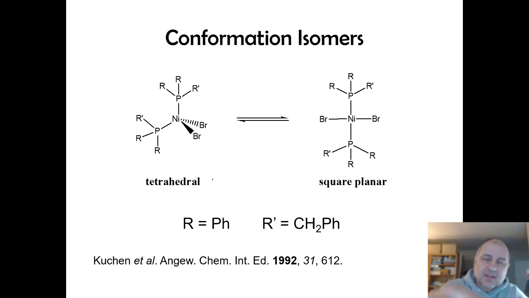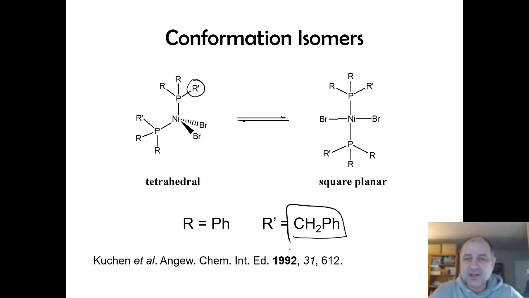And then he just messed with the bulk of one of these groups, and he put a benzyl group instead of one of the phenyl groups, and that was enough to have this equilibrium between tetrahedral and square planar. And he was able to grow different crystals, one showing the square planar geometry, one showing the tetrahedral geometry from different solvents. So that's quite an interesting paper.